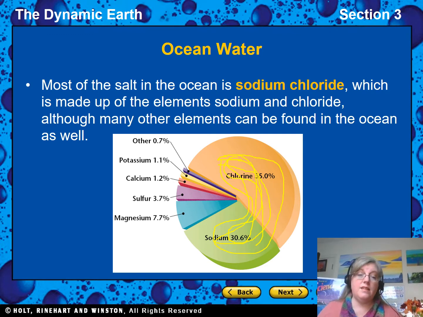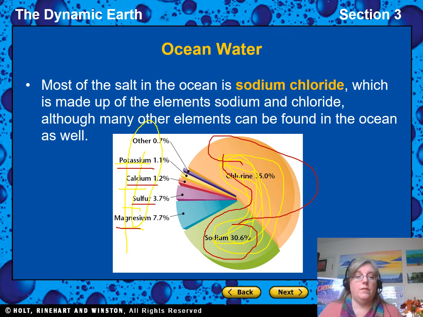And that's because it has so many of these other things in it. Okay, there's potassium and calcium and sulfur and magnesium. None of those things are in table salt. And that's what makes it taste different. Okay, but the majority is the same stuff that's in table salt, sodium chloride, but there's so much more, and that changes the taste.